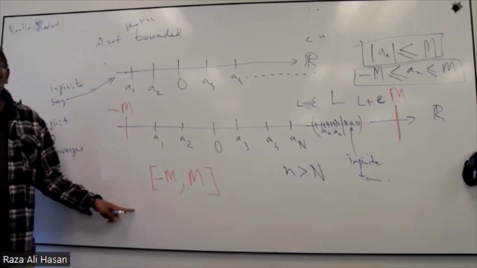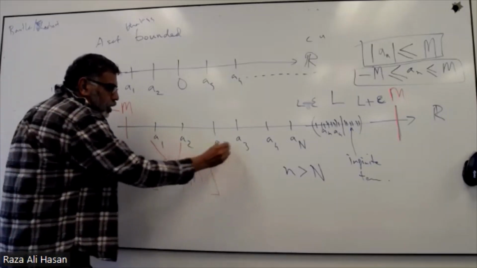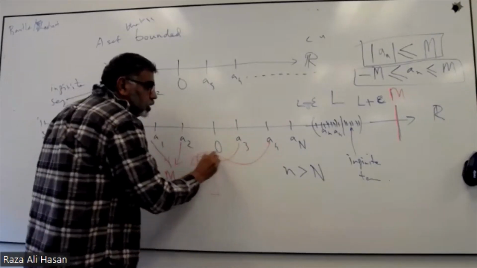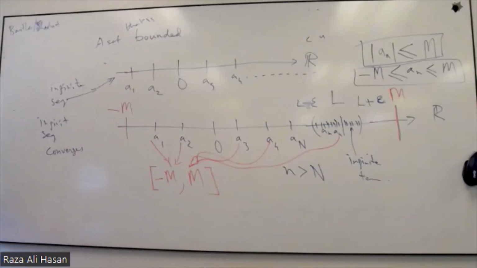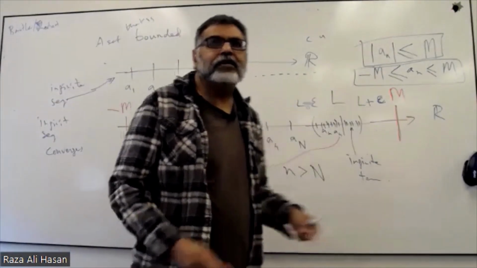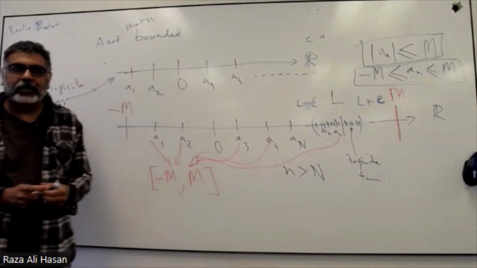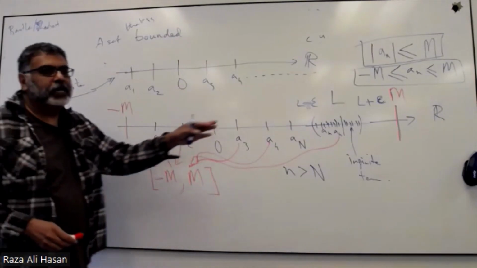If you can show me a closed interval in which all the elements of the sequence reside, you have a sequence that has a bound. So on Wednesday, we're going to look at a theorem that says that all convergent sequences are bounded, and we'll prove that.